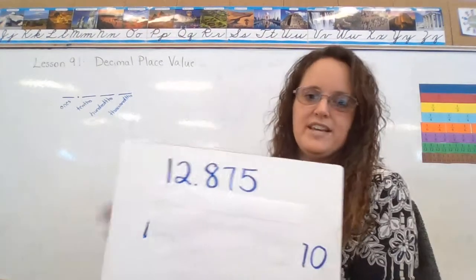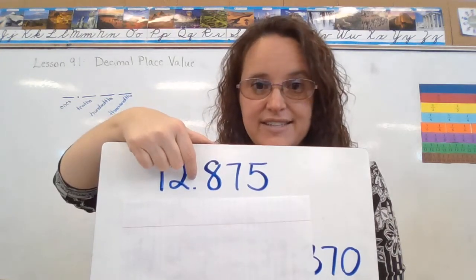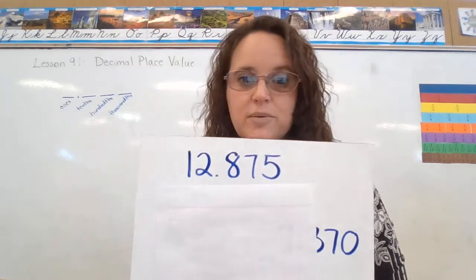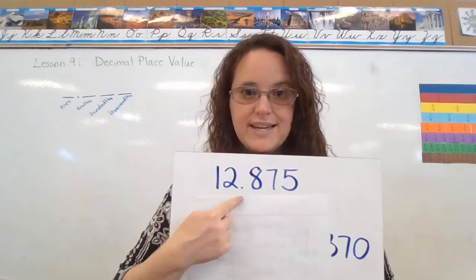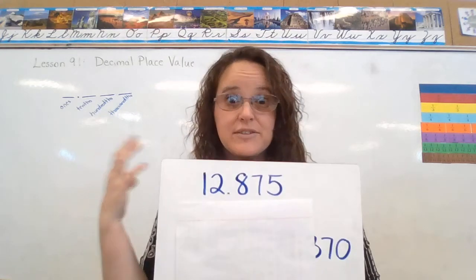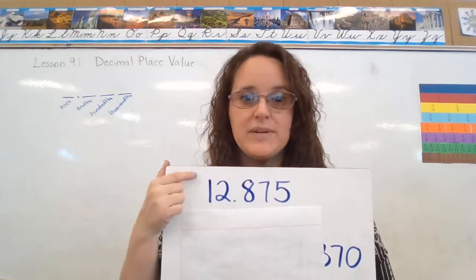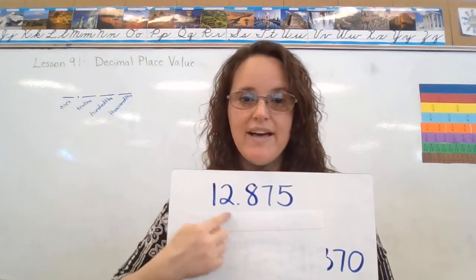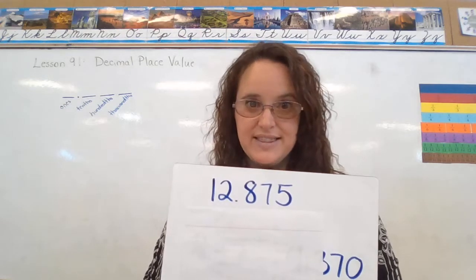We're going to get rid of that example, and let's look at a couple of these. So the first one here, I have 12 and 875 thousandths. So I want to say that again because I am still having some students telling me that this is point, and I'll tell you I'm guilty of that sometimes too when I'm trying to write a number or tell somebody a number really quickly, but that is not the correct way to read that. We say 12, when we get to the decimal point, we say the word and. 12 and 875 thousandths.